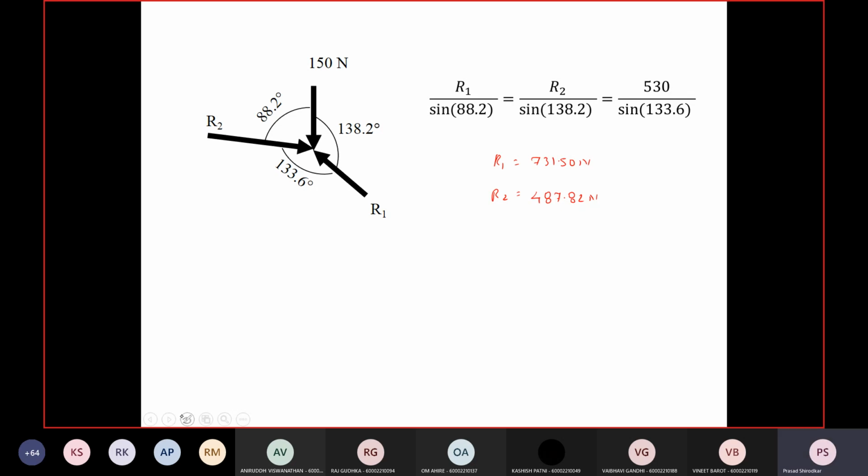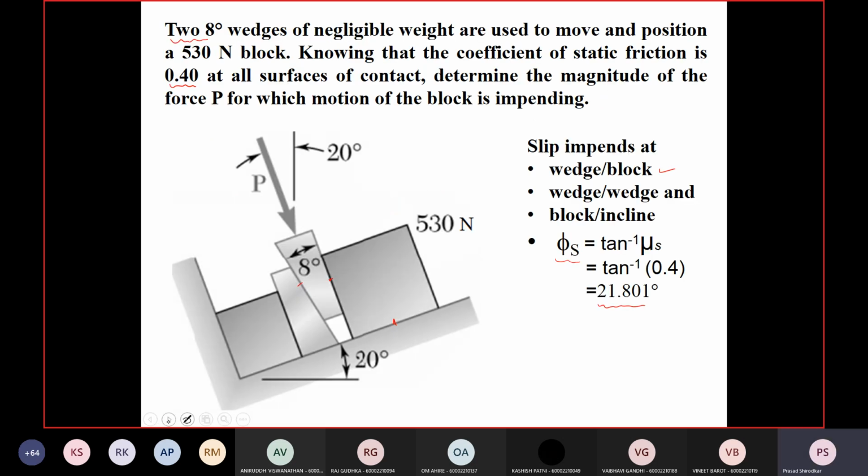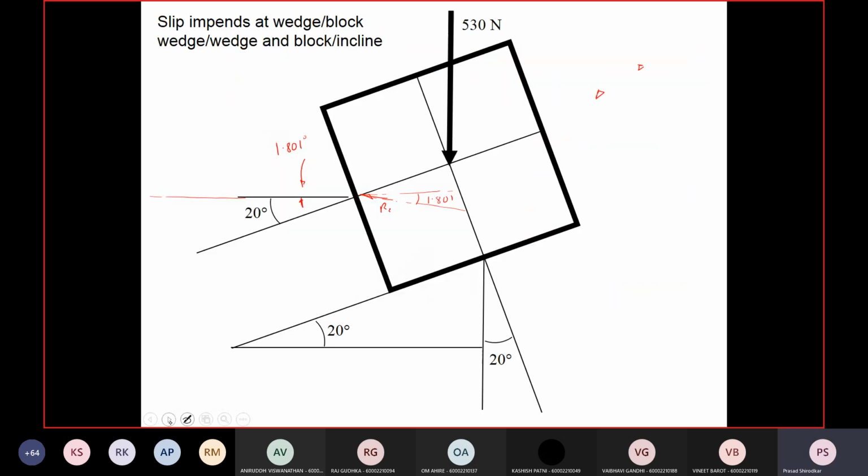Alright, now let's draw the free body diagram of the first wedge, that is this wedge. All the interacting forces will be equal and opposite. So this wedge is placed over here like this.